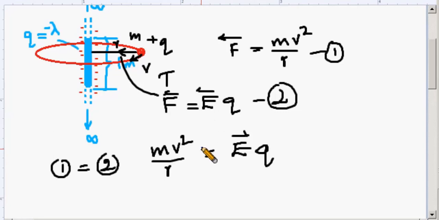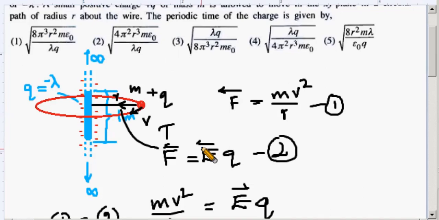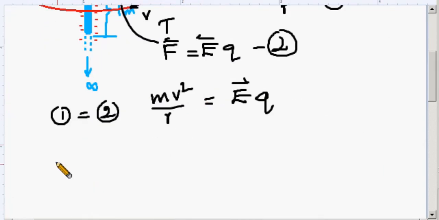Then we have to get the relationship, but we have to find the period, so capital T is what we have to find. Capital T is not in this equation, so we can't find it directly, but we can get a relationship with this velocity.